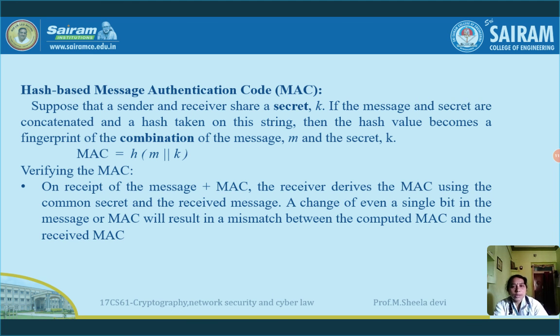If the MAC value which he has calculated and the one which I have appended in my message are the same, he will come to know that nobody has changed the message during the communication. And one more thing, since the secret key is known only to him and me, it comes only from me. He can confirm that this message only comes from me. So it provides two things called integrity as well as authentication.